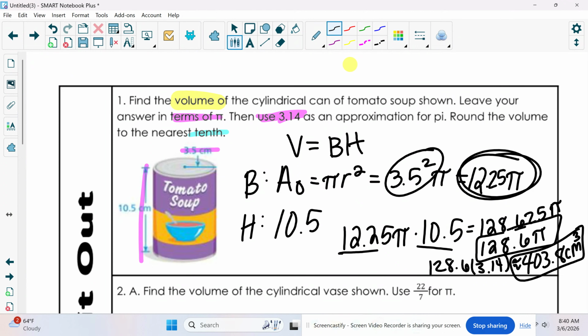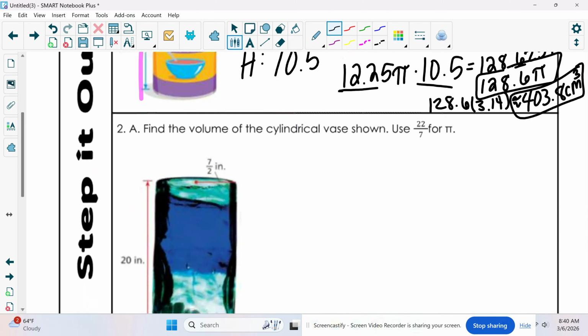Alright, I want you to try the next one on your own. But pay attention. What do they say? They say use what for pi? So we're not leaving it in terms of pi. You're going to replace pi with 22/7. So you try this one. It's an interesting looking face.